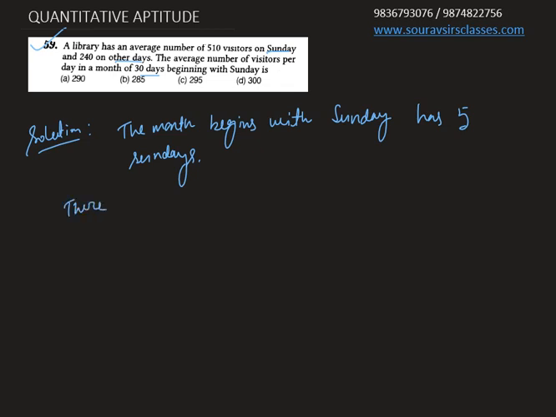Therefore, there are 30 minus 5 equals 25 weekdays, or other days.